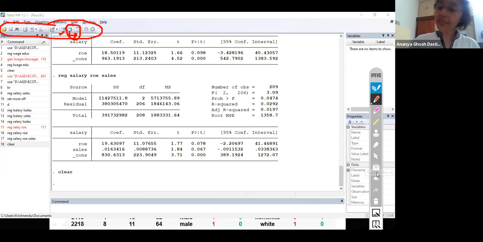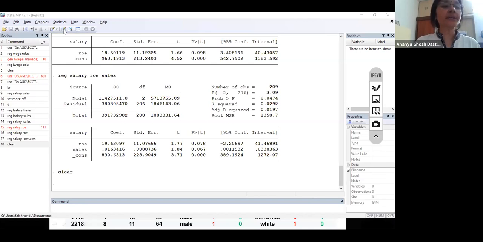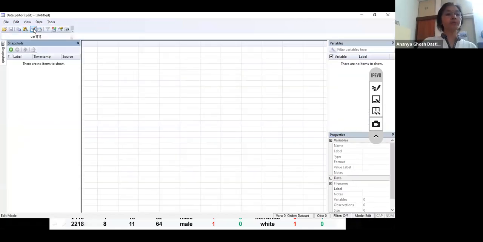So I will paste my Excel dataset onto Stata to create a Stata dataset by clicking on the Stata data editor. So what will I do? I will double click on the editor and the editor will open. Oops. Yeah. So the editor has opened.